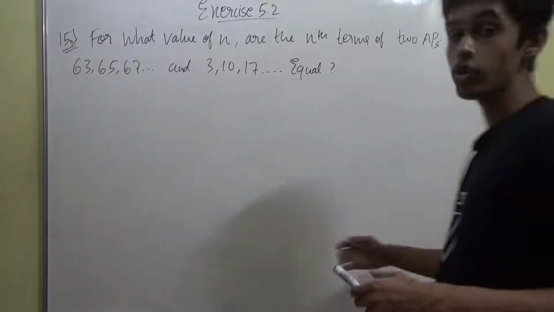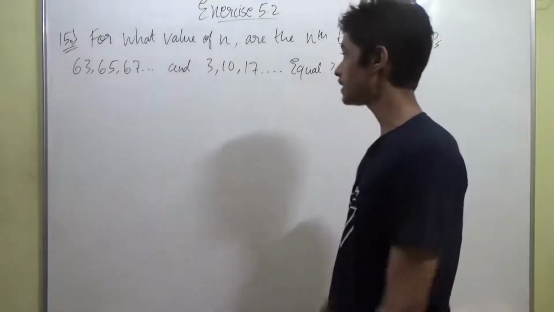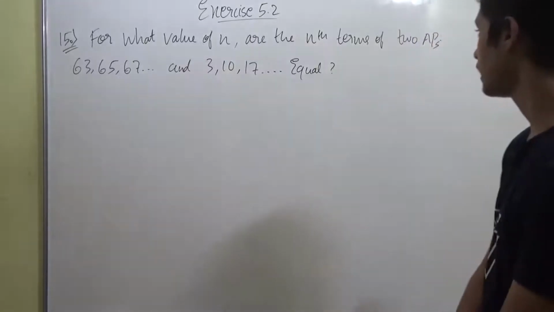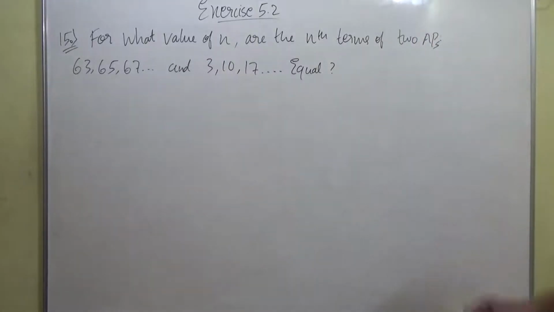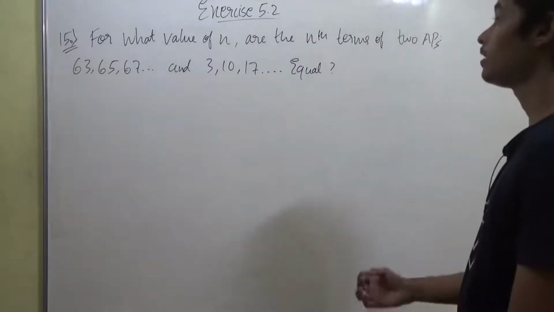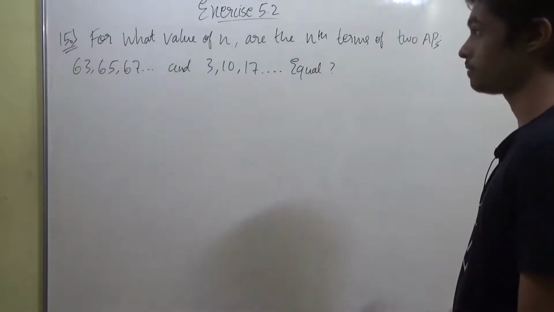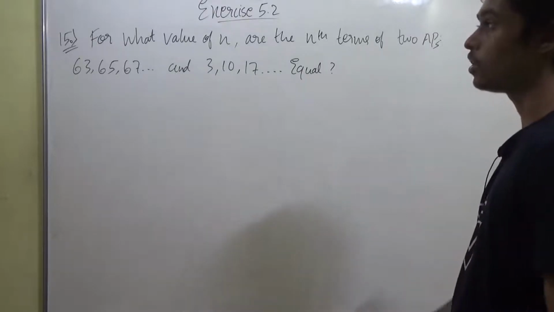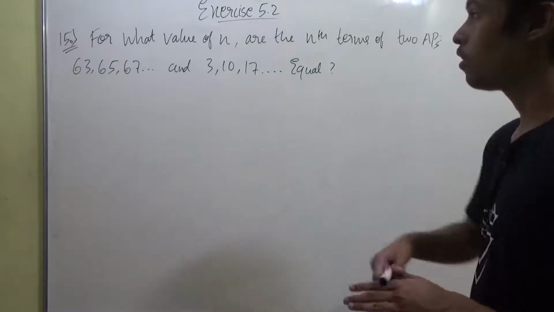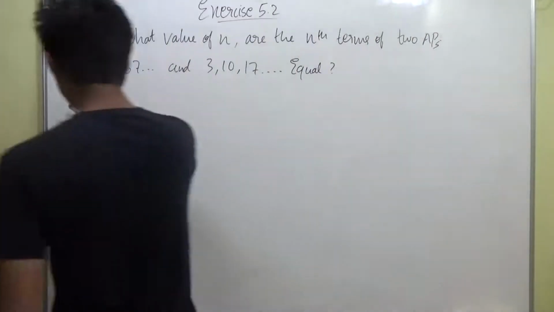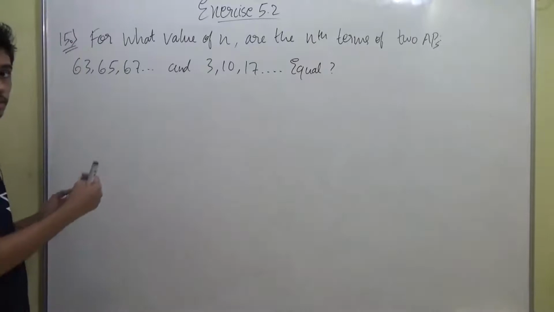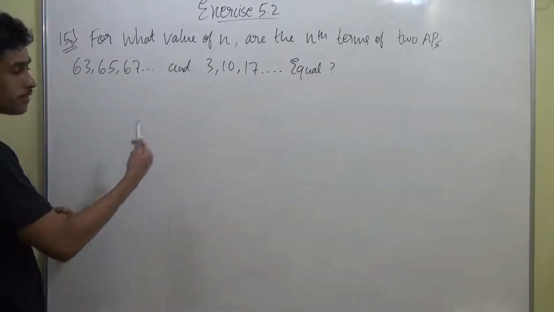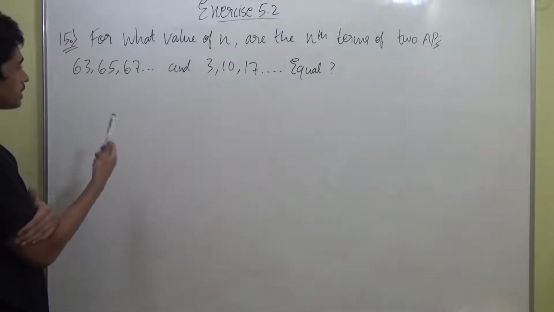Okay, guys. Now going to question number 15, which says, for what value of n are the nth terms of the two APs 63, 65, 67 and so on, and 3, 10, 17 and so on, equal? So they have given us two APs. One starts with 63 and the common difference is 2, and it keeps increasing by 2 as 65, 67 and so on.